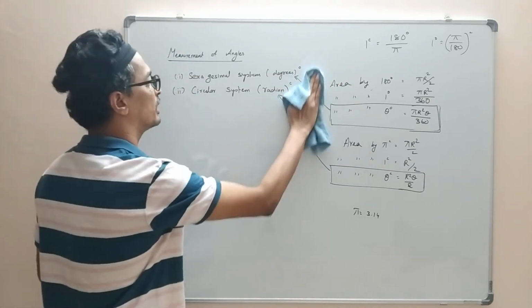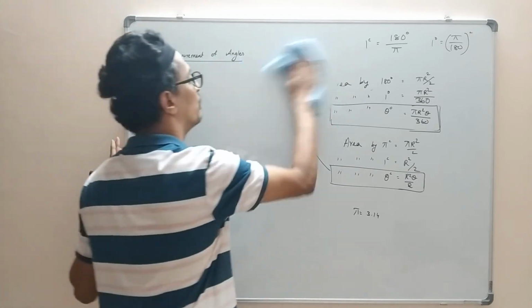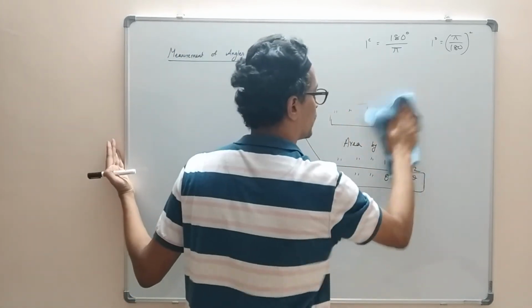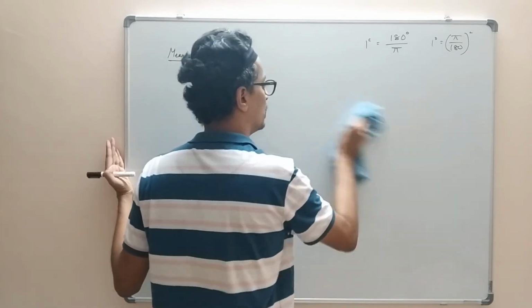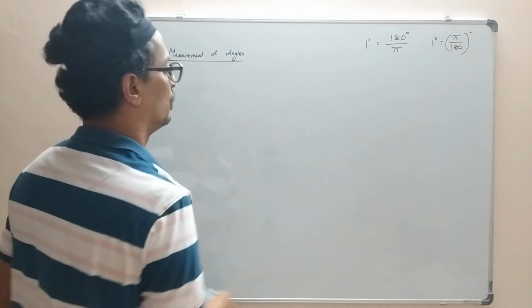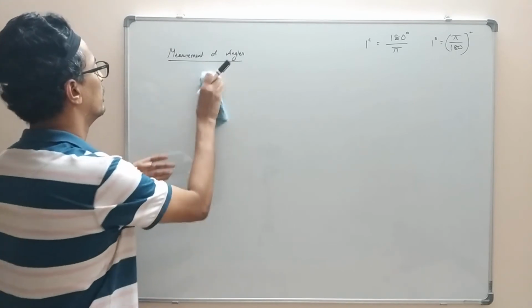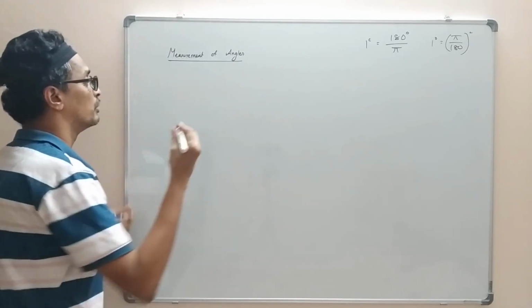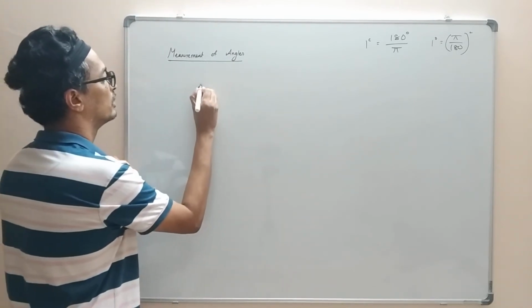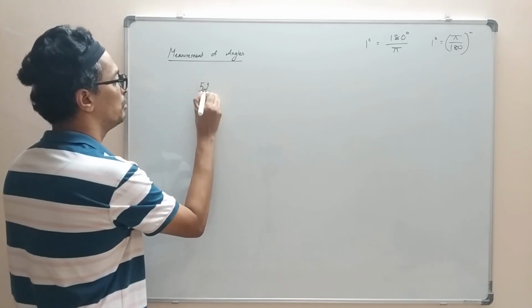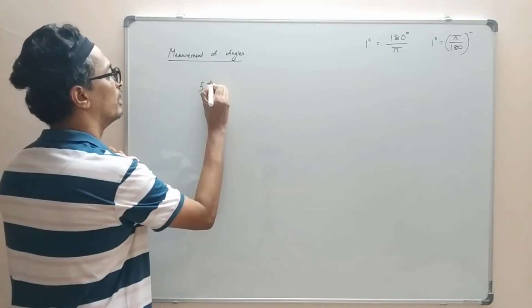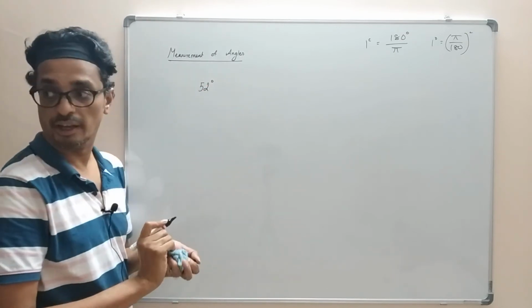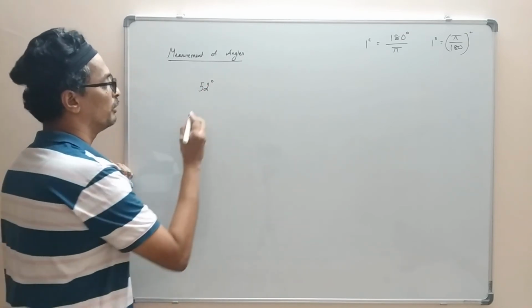You know this is the relation. Let us do some examples. For example, let us take one measurement of angle, say 52 degree. If I want to convert it into radian measure, what will it be?